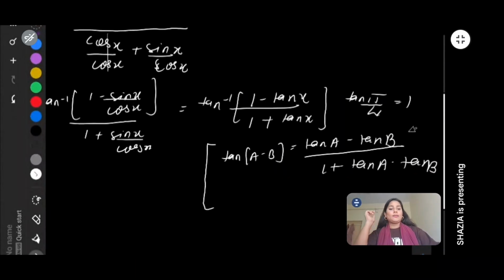Okay, so tan A minus tan B. We will exactly pick this value so that we can put tan (A minus B) here.